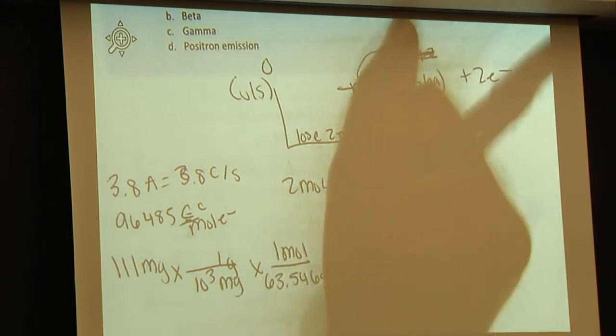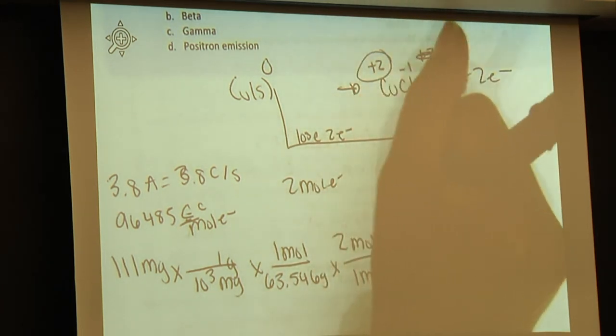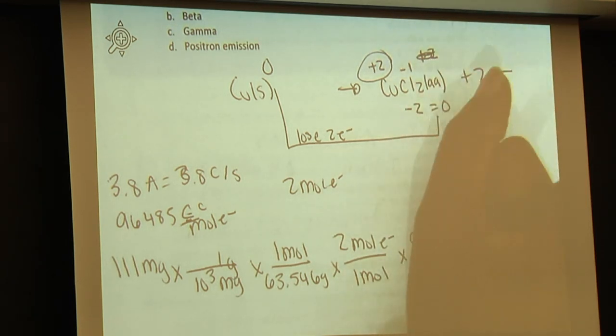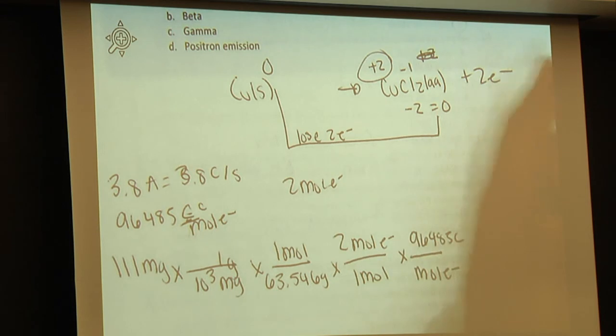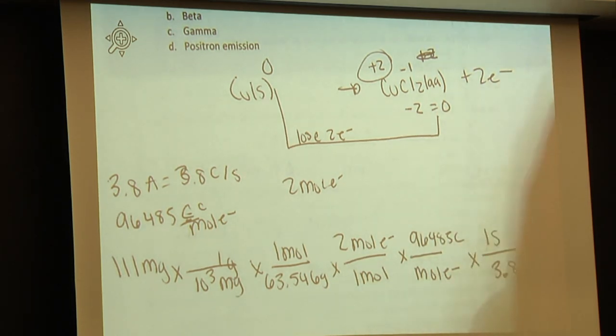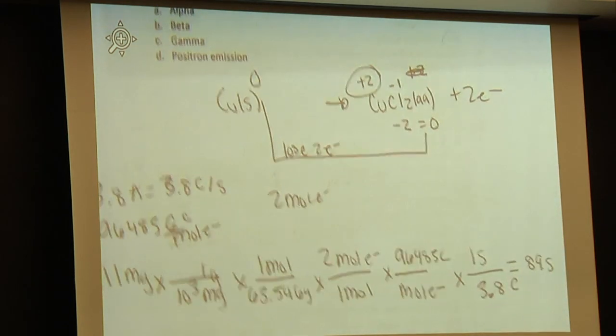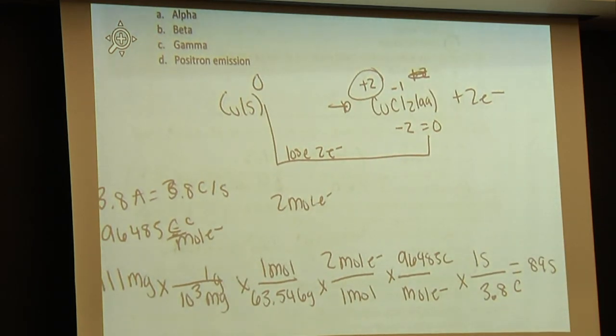The moles will cancel out with the 2 moles of electrons, and then you can use Faraday's constant. And then you can use the amperes that was given. And after all of that, you'll get 89 seconds. There is no formula. This is all dimensional analysis. All right, so the answer for number 50 is C.